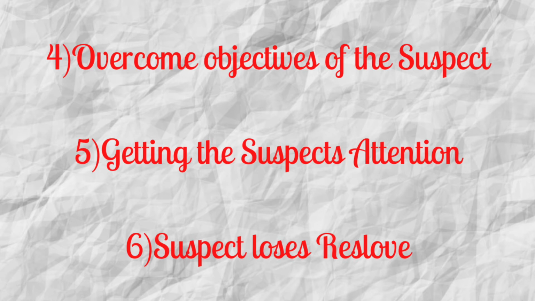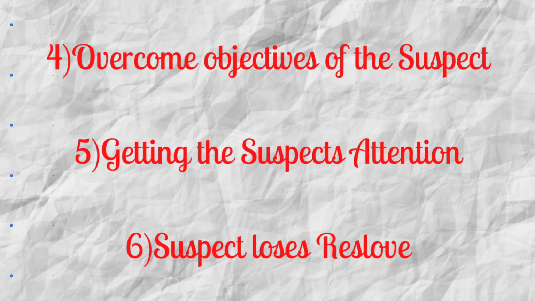You already know they're not. Their job is to get a confession. Remember that. Number 6, suspect loses resolve. The interrogator is going to show sympathy and understanding and urge the suspect to cooperate. They may tell you something along the lines of, "So this was just a one-time thing?"